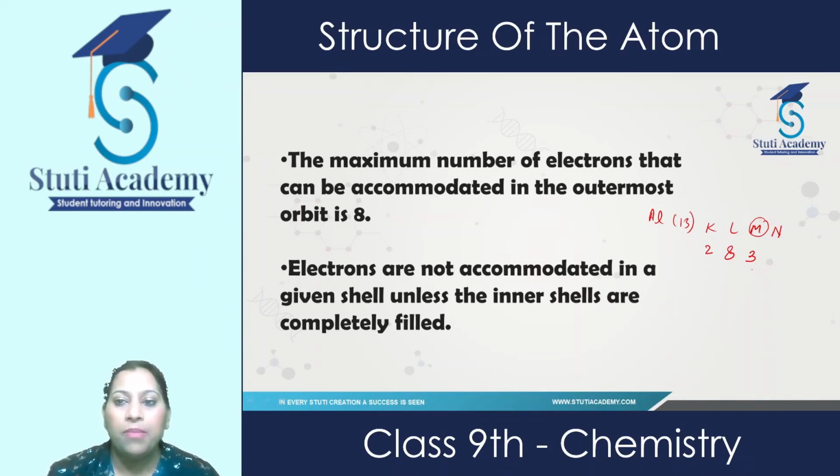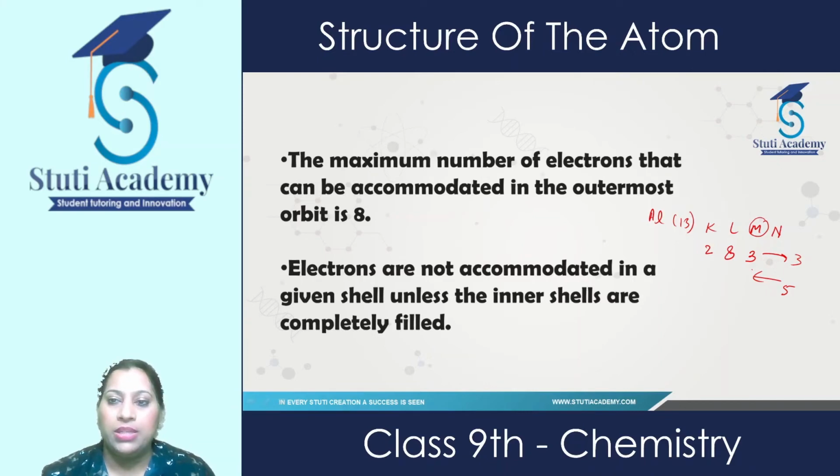And how can it become stable in nature? Either it gives away 3 electrons, then L becomes the outermost shell, which has 8 electrons, or it can take 5 electrons, so 3 plus 5 becomes 8. But we always choose the lesser number of electrons because it needs a tremendous amount of energy.